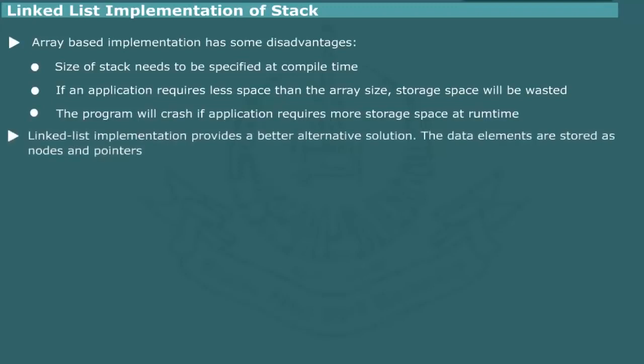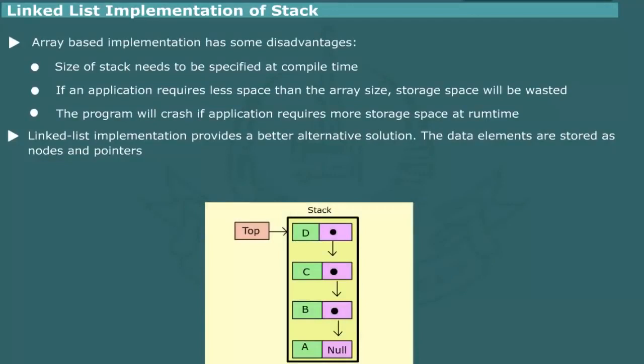The linked list implementation provides a better alternative solution. In the linked list design, the stack elements are stored using nodes and pointers. An example of linked representation is shown on screen. The stack stores characters A, B, C, D with D at the top.